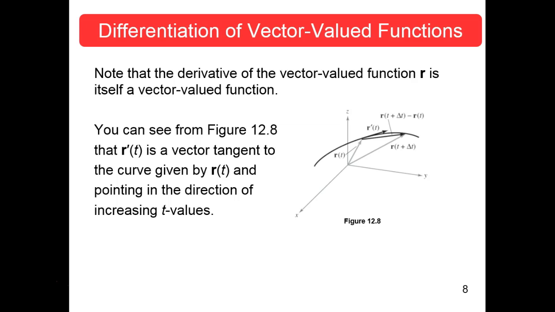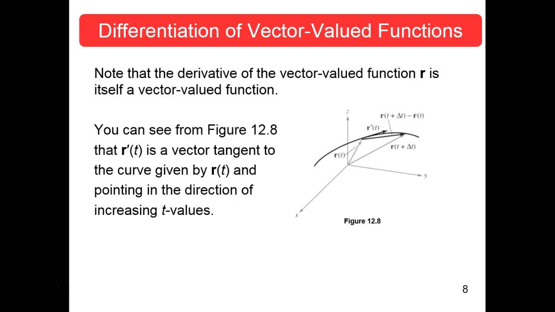Here's your r of t plus delta t. This is r of t. This vector here is the difference between this one and that. And then as delta t gets less and less, this gets closer and closer to the tangent vector, which is at a single point, and that is the vector that is tangent to the curve and pointing in the direction of increasing t, which is exactly what a derivative does.